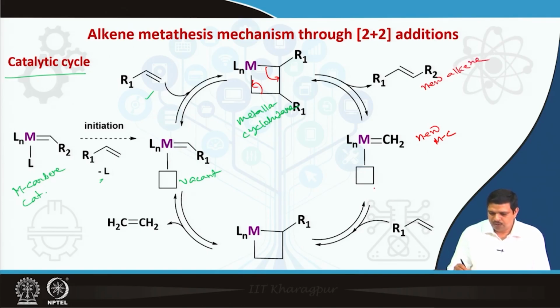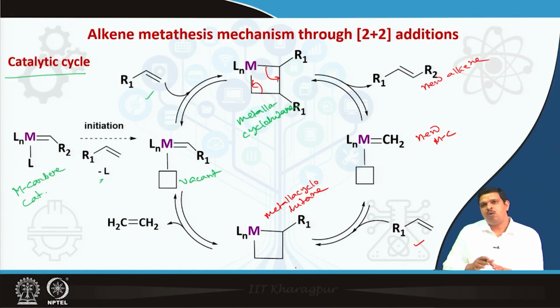Then again the alkene will coordinate and form the metallocyclobutane, and again it will break, like that. This breaking will be just the reverse of the bond making. So bond breaking and bond making will be in the reverse direction.